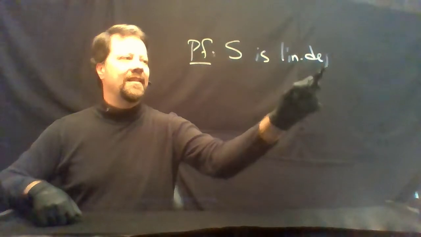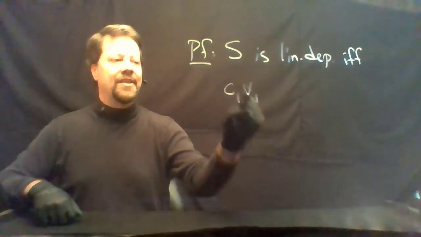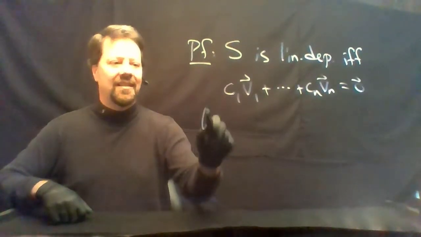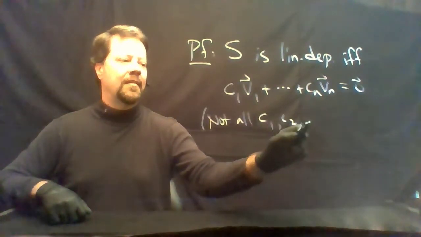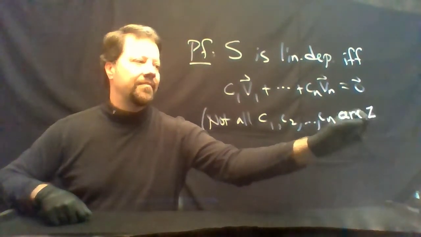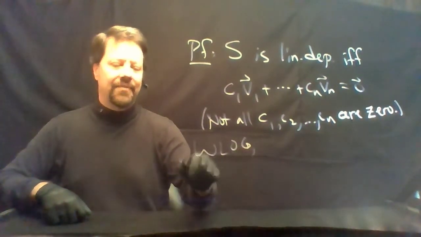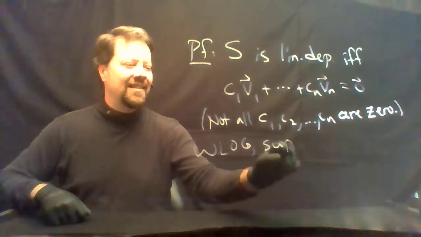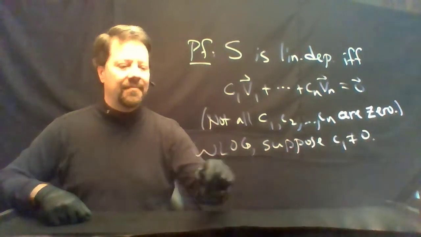S is linearly dependent if and only if there's a linear combination that's non-trivial, not all of the C1s through Cn's are zero. Without loss of generality, suppose C1 is not zero.